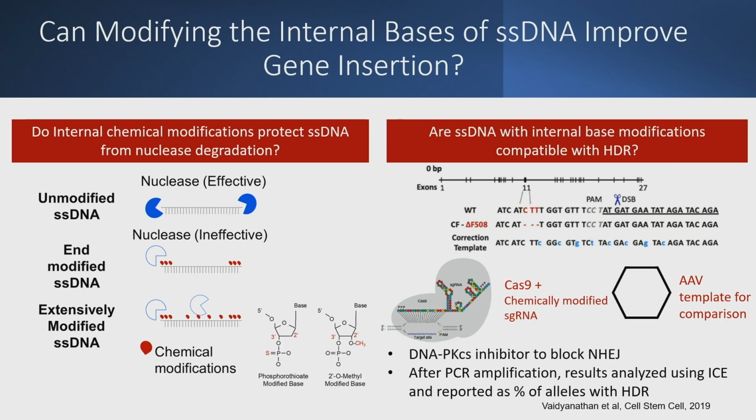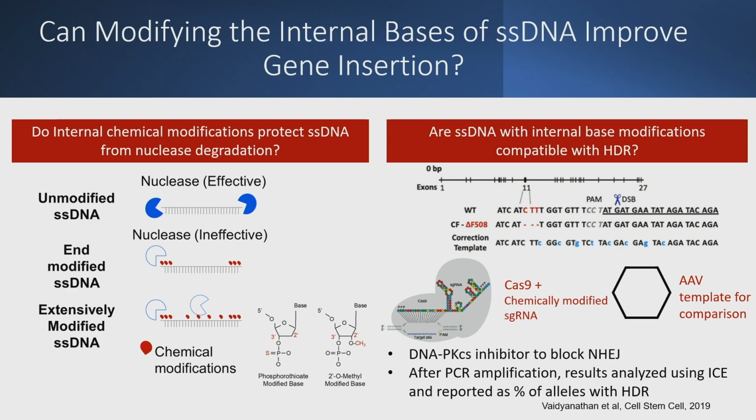To see if these modifications were compatible with HDR, we used an F508del template that was previously described by Dr. Vaidyanathan in his previous work, and a Cas9 and chemical modified guide RNA. As a comparison, we used an AAV template that was also previously described by Dr. Vaidyanathan in his work as a comparison and a positive control.